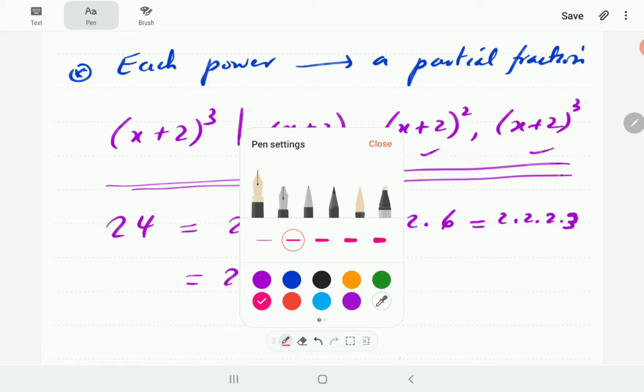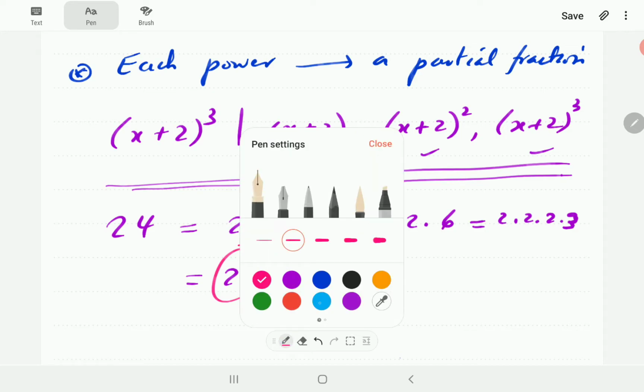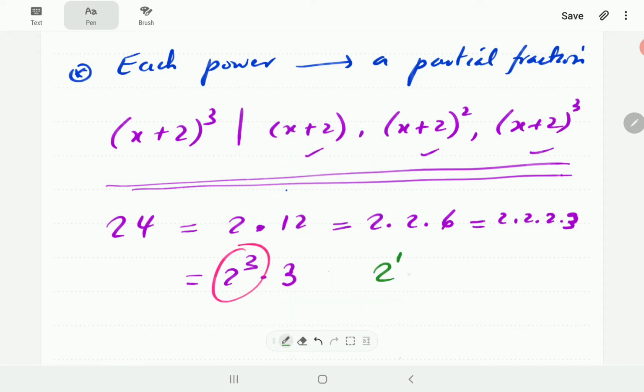But notice that in 2 cubed, there are 3 factors of 24, namely 2 to the power 1, which was this one. Then also 2 to the power 2 is a factor of 24, and then 2 to the power 3.